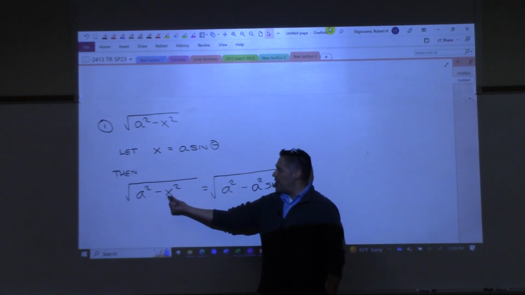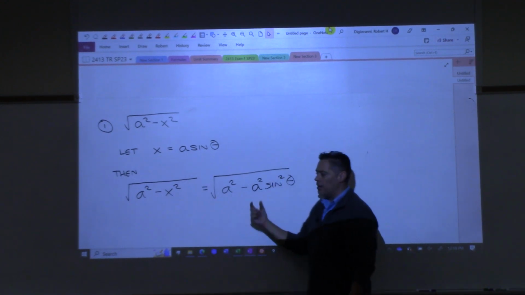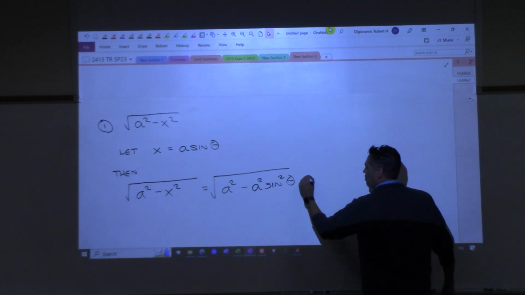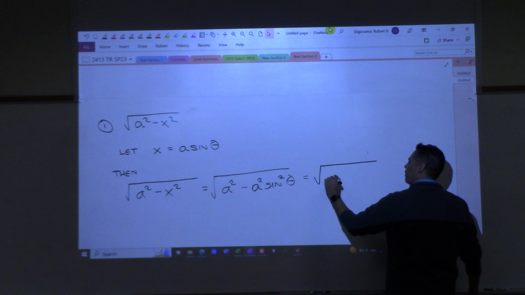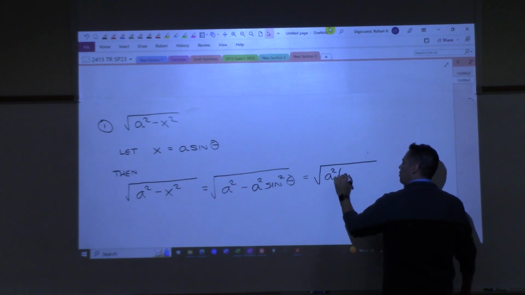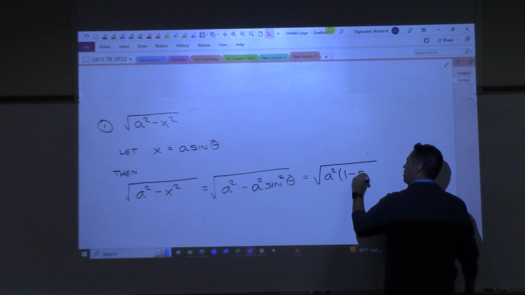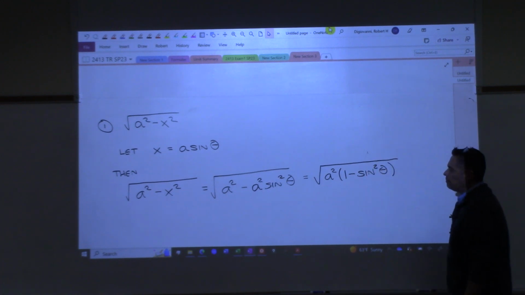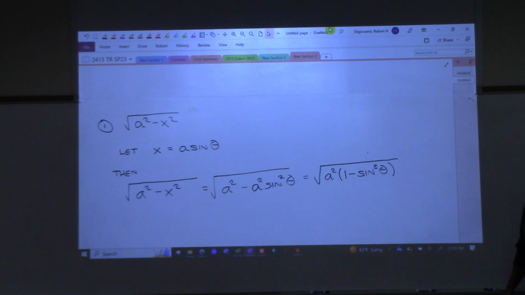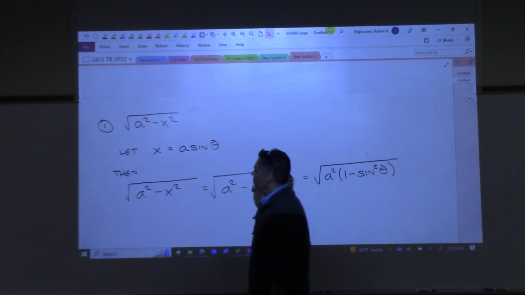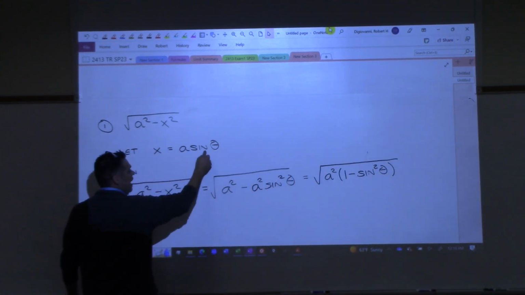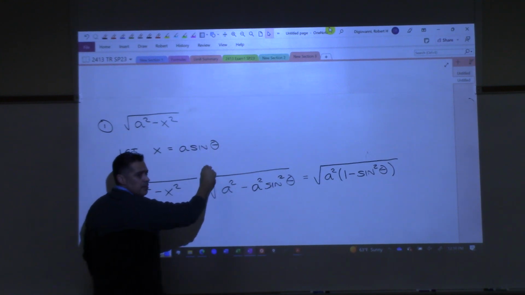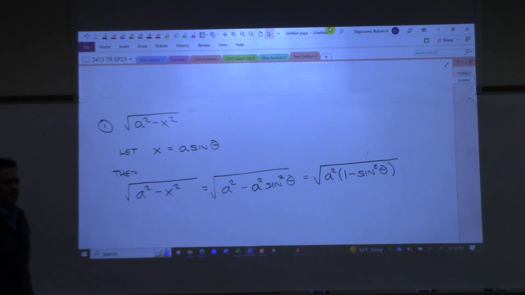That's just me taking that x right there, squaring it, putting it in here. Good? Now you can factor an a squared out of each one. And that leaves you with what? 1 minus sine squared theta, right? To square a product, you square each factor. If there's multiplication, I just square each one. Yep.